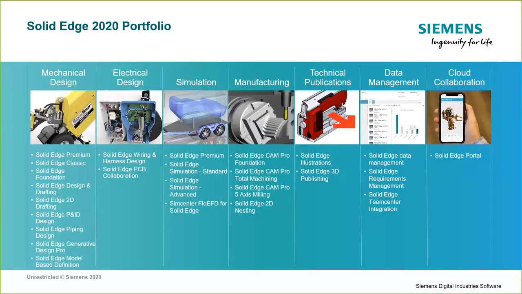Now, where does this fit? When we say Solid Edge, we're really talking about an entire portfolio, not just MCAD. Over the last few years, over 55 products have been added to this portfolio. We're looking at this image here, and it shows the 7 pillars by which we organize the technology in this portfolio.